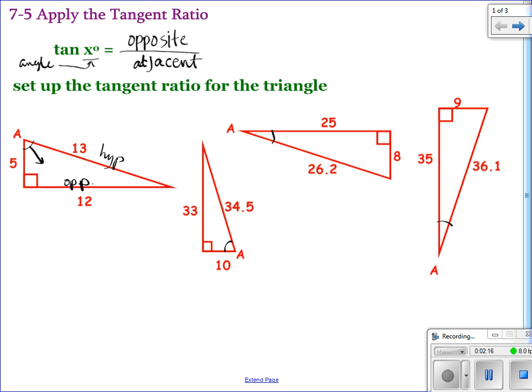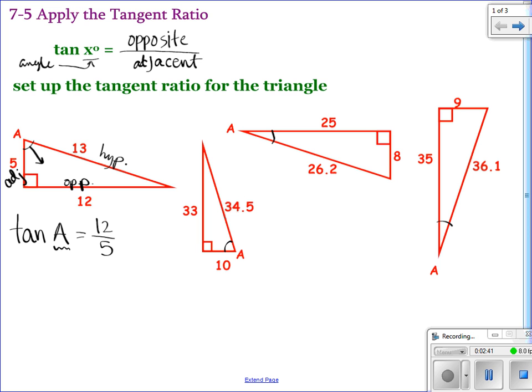So this is the hypotenuse, leaving this one to be the adjacent. So the tan of A, because remember the angle always goes right after tangent, we just want to set up what 2 sides they're talking about. Well, if it's this one, the opposite is 12 and the adjacent is 5.